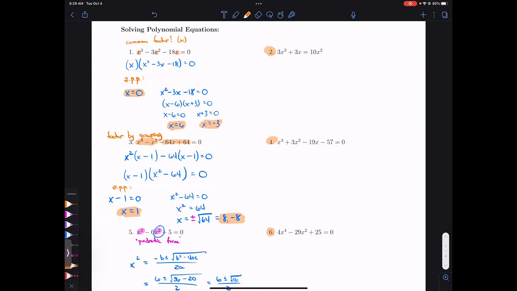So if you try to factor, find the two numbers that multiply to 100 and add. Oh, 4a.